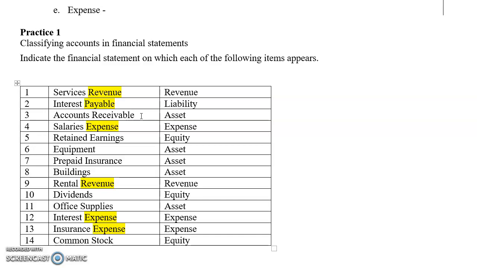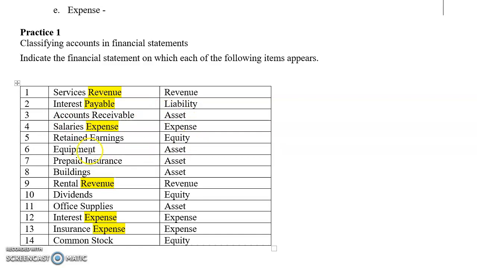So interest payable to us, this company, is a liability, but to the bank it is an asset. I worked for a lender forever, so I was almost ready to say interest receivable. Accounts receivable is an asset.